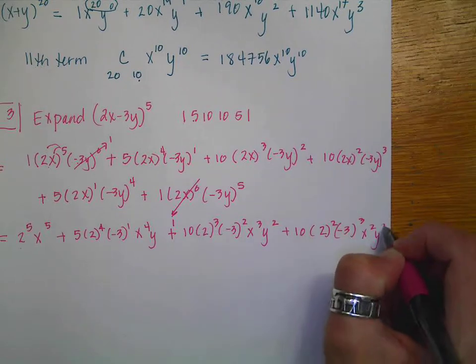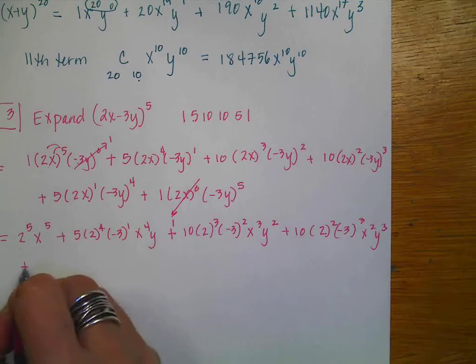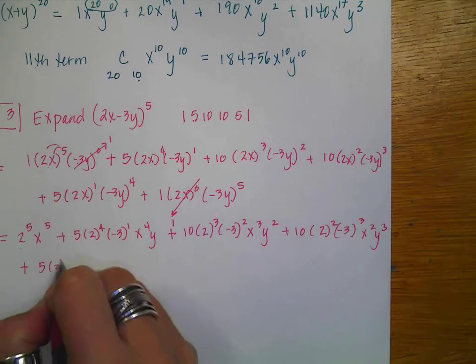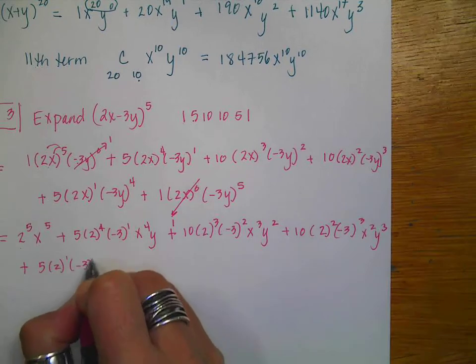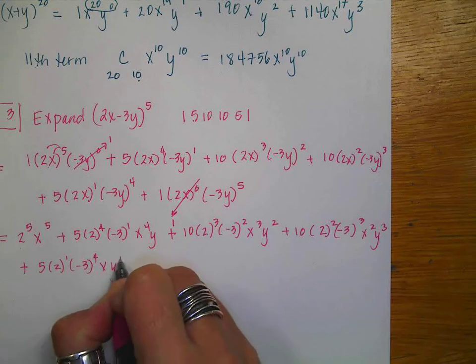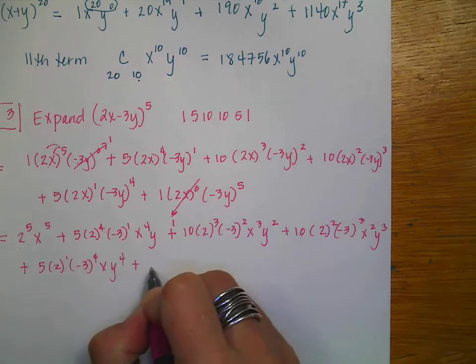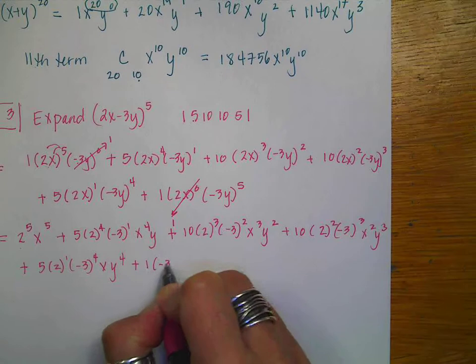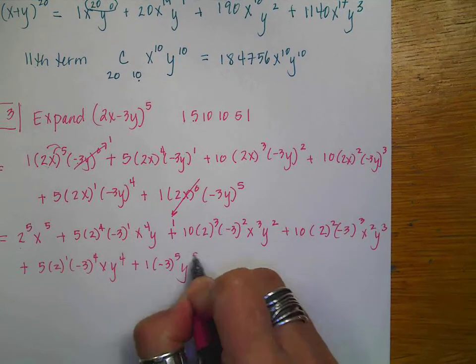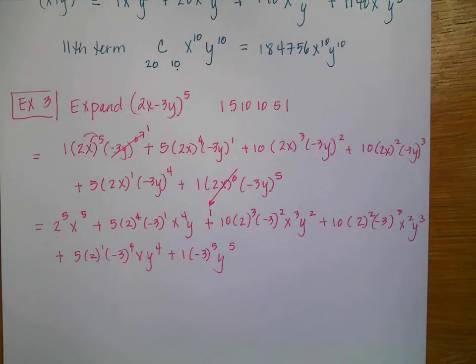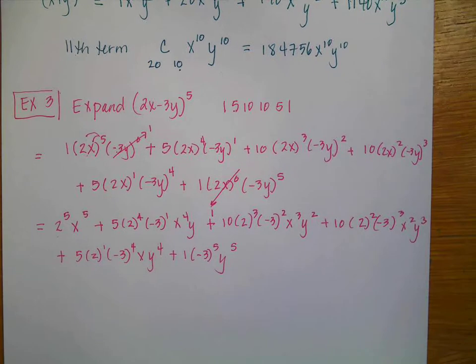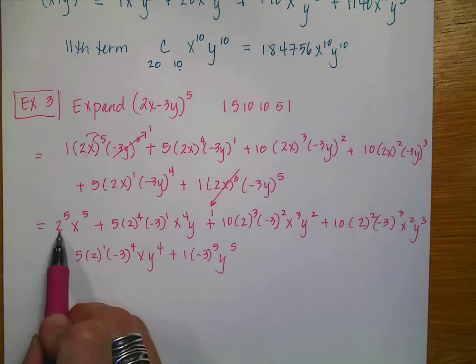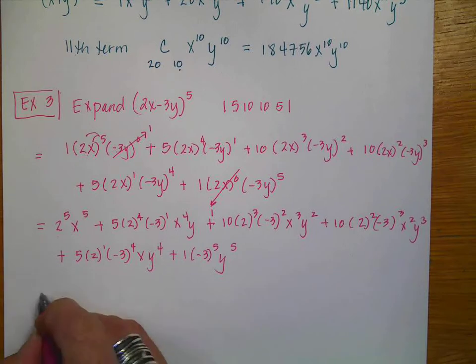I'm going to have 2 to the 2nd, negative 3 to the 3rd, x squared, y cubed. And notice what I mean, we have a lot of writing to do. 2 to the 1st, negative 3 to the 4th, x, y to the 4th, plus 1, negative 3 to the 5th, y to the 5th. And this is a step that I really recommend that you don't skip, okay?